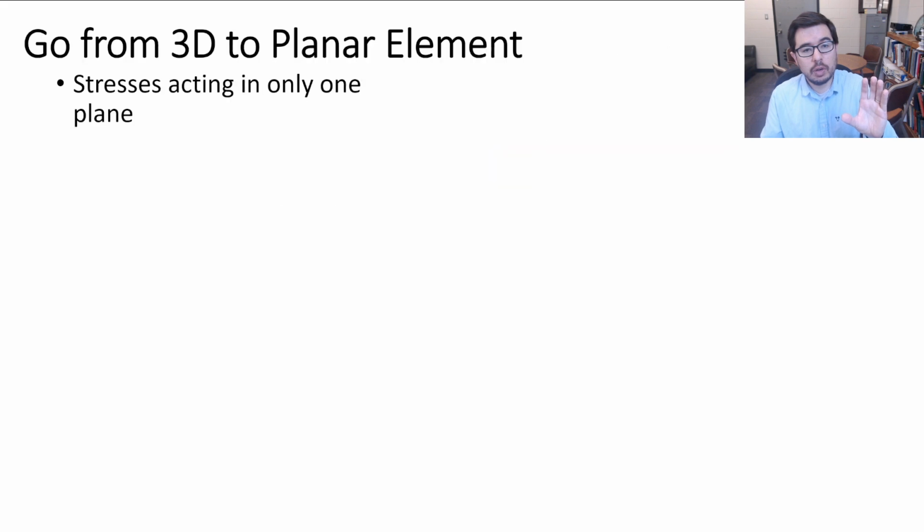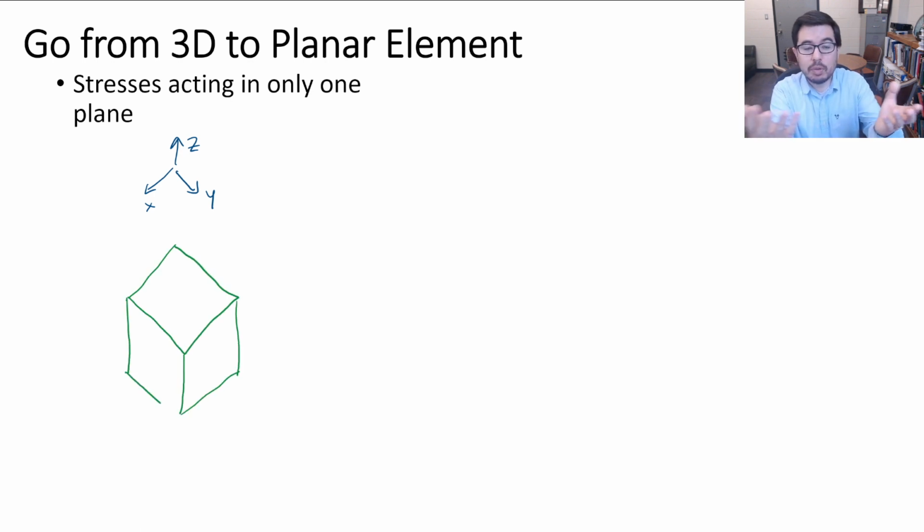And so if we want to go from a 3D element to a planar element, where we're thinking more about plane stress, we can draw similar to what we had in that previous slide, where they had a nice little cube, and 2 of the faces were not having stresses on them. In that case, it was the front and the back.